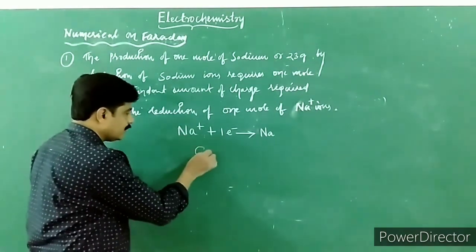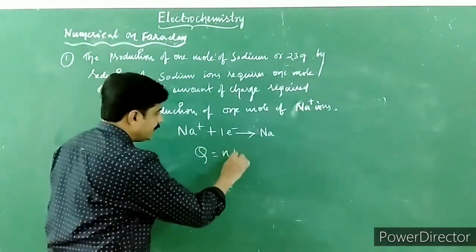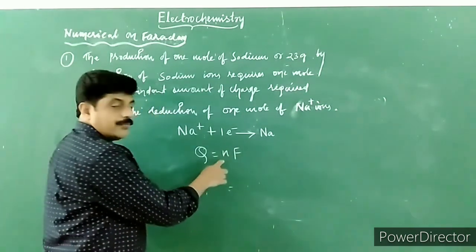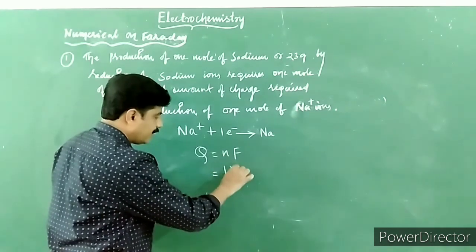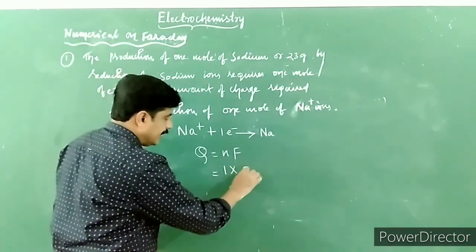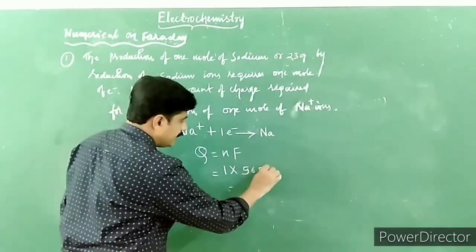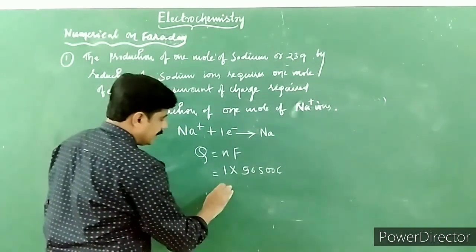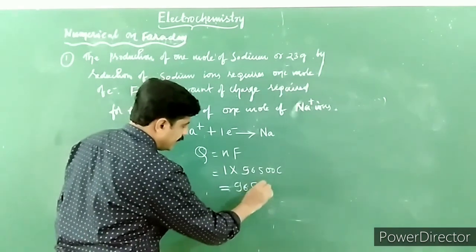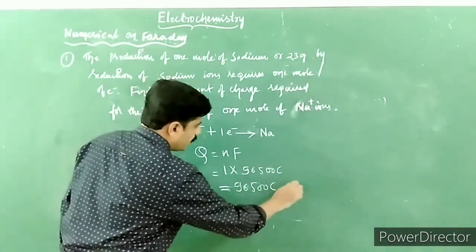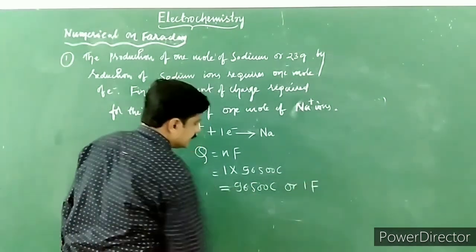Now you know the expression Q is equal to n into F. n is nothing but the number of moles of electrons used. 1 mole of electrons is used, and the Faraday value you know is 96,500 coulombs. That means 96,500 coulombs or 1 Faraday.